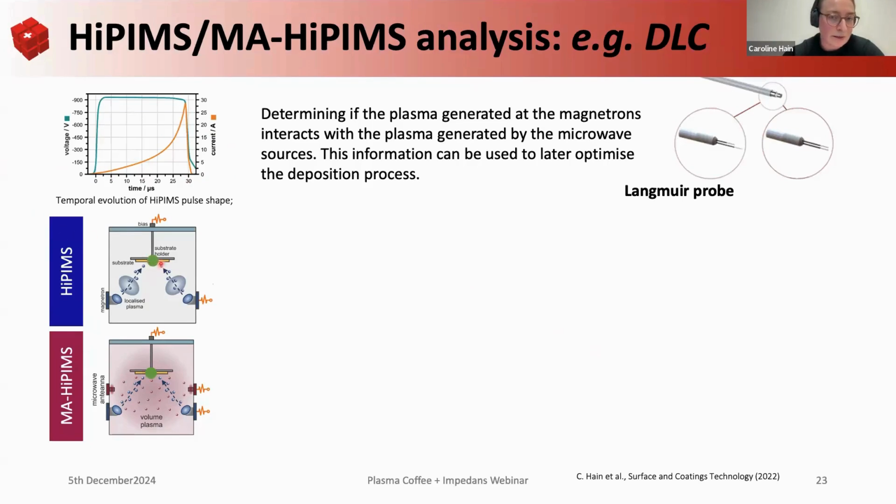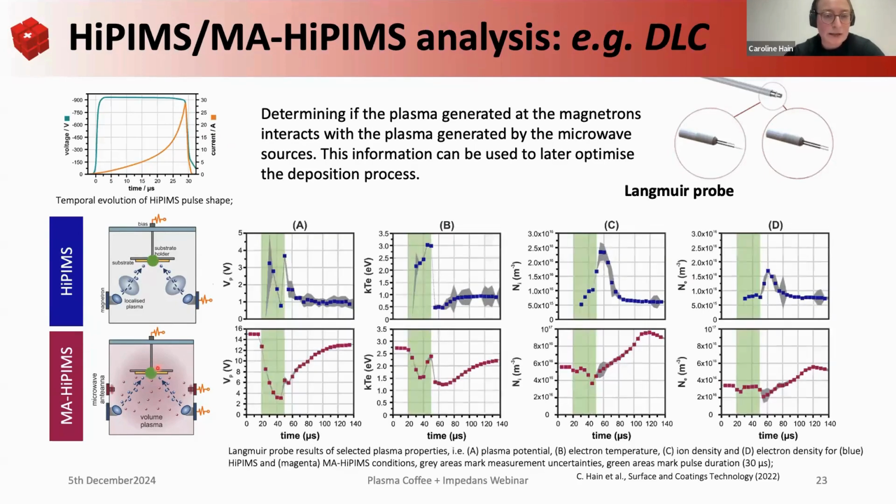So we place the Langmuir probe at the height of our substrate. With this, we can look at the development of the plasma potential, the electron temperature, and the plasma density, so the ion and electron densities. If we look first just at HiPIMS, this green area marks when the magnetron pulses on, so these 30 microseconds.